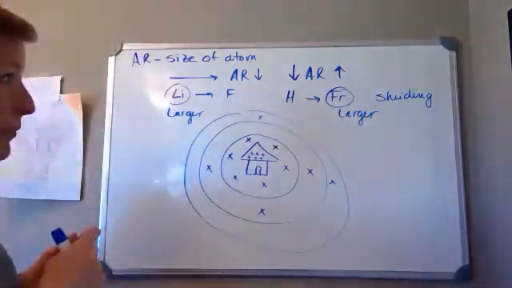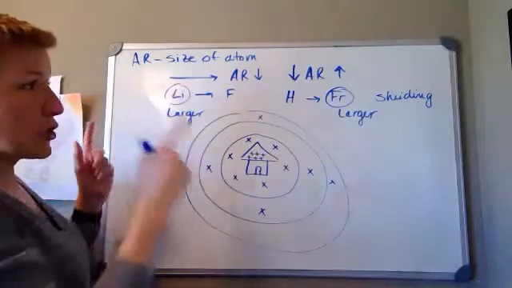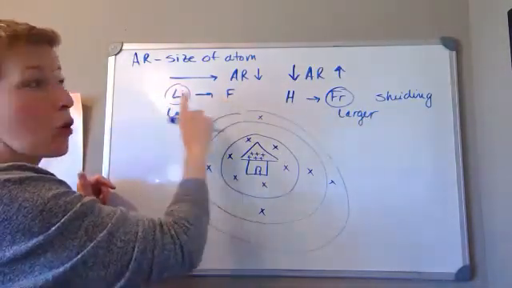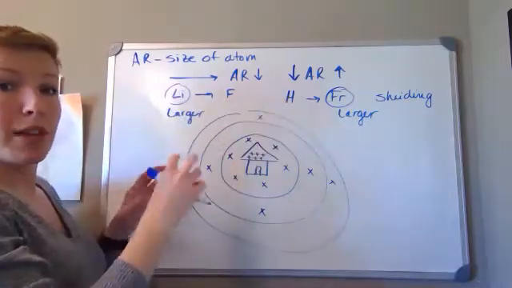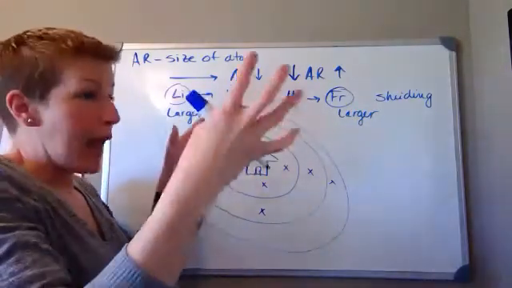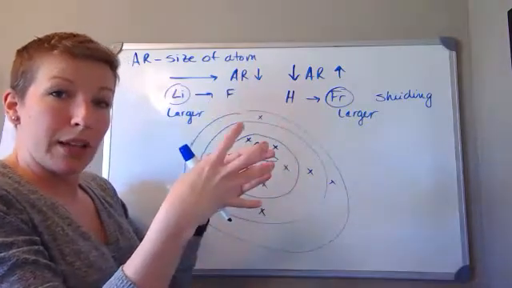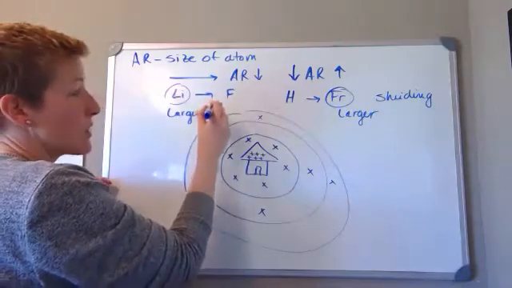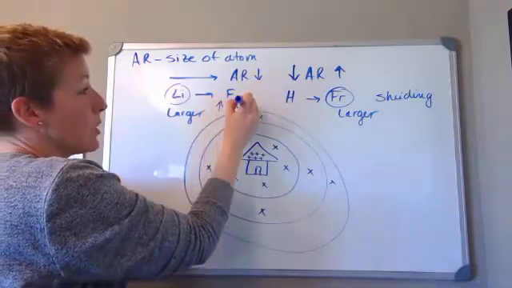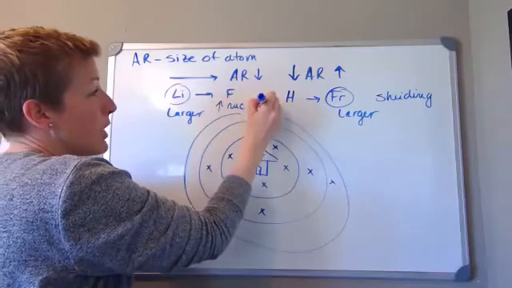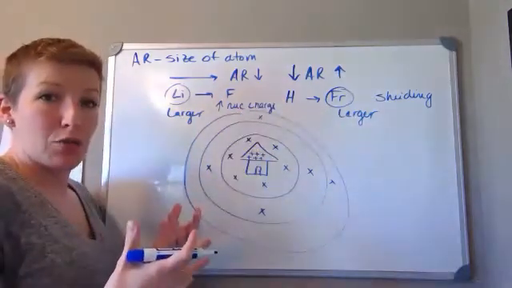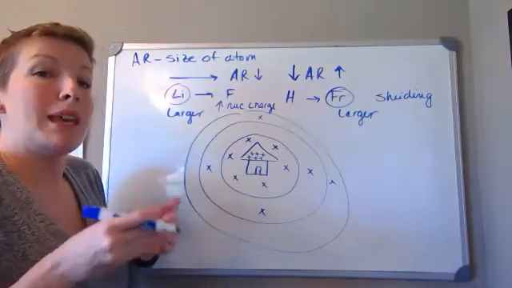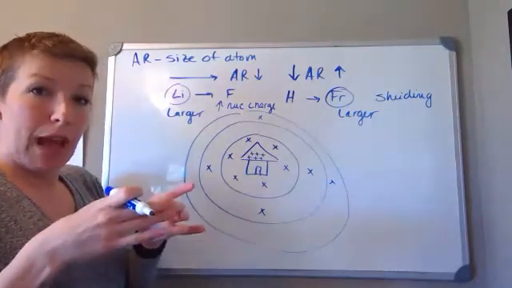Okay, so let's just review these two. As I go from lithium to fluorine, I'm going across a period. So all I'm doing is increasing my magnet, and all of my electrons are getting pulled in tighter. Anytime I go across a period, I am increasing my nuclear charge, meaning I'm increasing the amount of positive charge in my nucleus, which is then able to pull all those electrons in, making me a smaller atom.